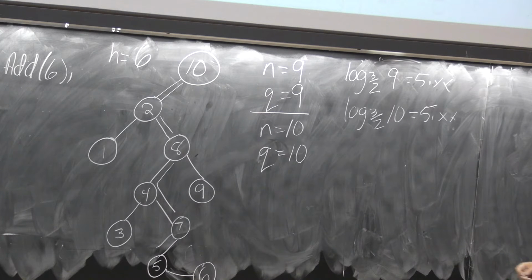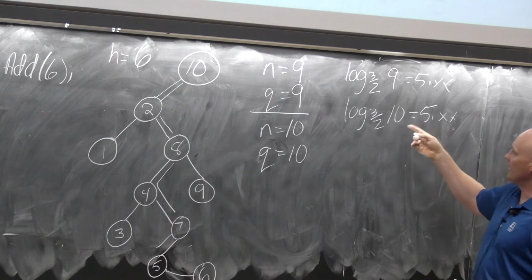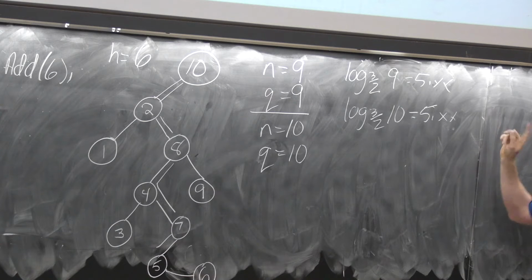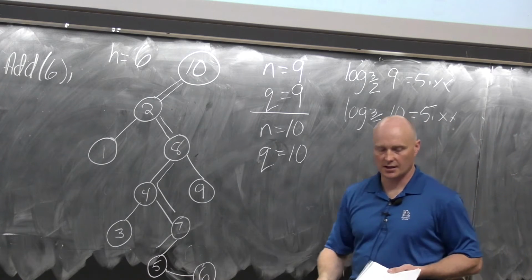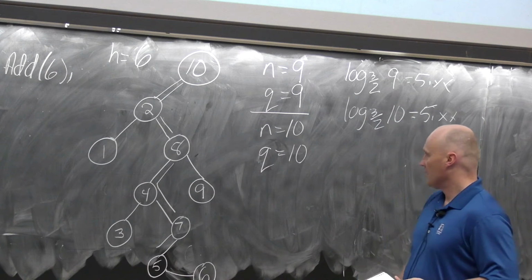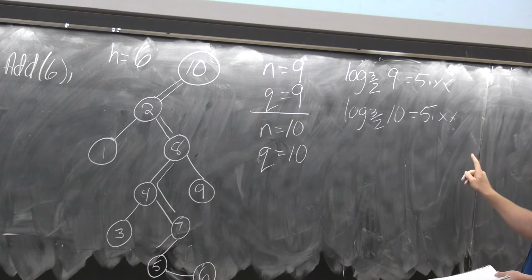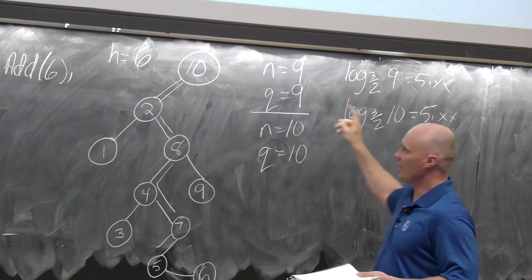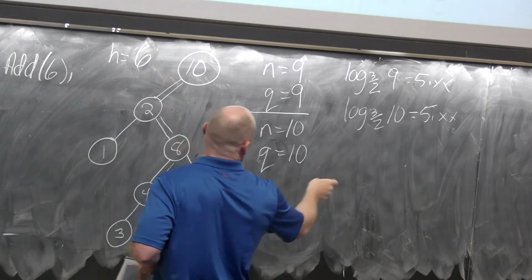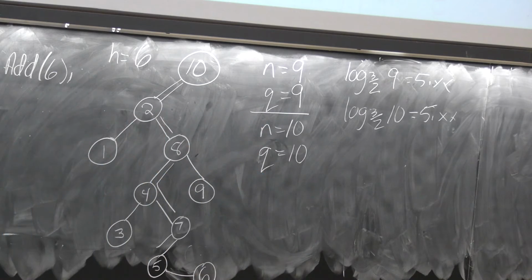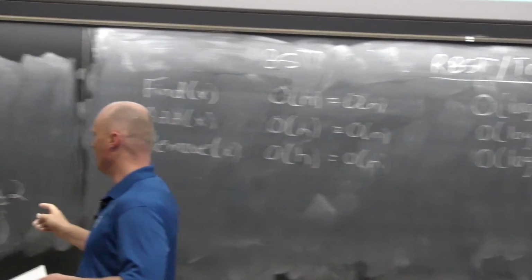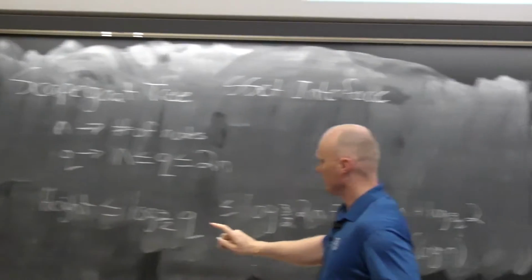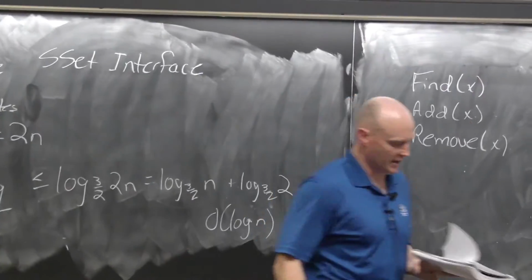So these logs are really slow growing. When you increment n by 1, this value doesn't always increase by an integer value. So now we have a problem because our height is greater than log base 3/2 of n, or log base 3/2 of q. So we don't have a scapegoat tree anymore.